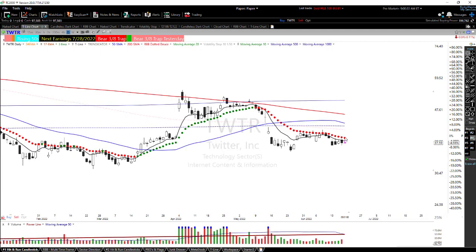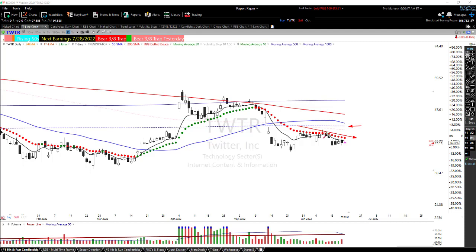Okay, here's Twitter as an example. I think Twitter's full of drama. I'm not particularly a trader of drama, but a lot of other people are. And Twitter right here is still looking short to me. You can see that the Trinicator is nice and green, nice and red, moving down. We're below the 50, we're below the 1,000 period moving average.